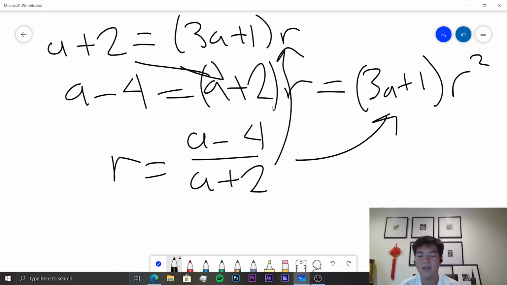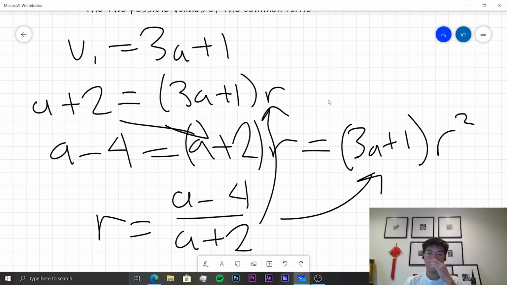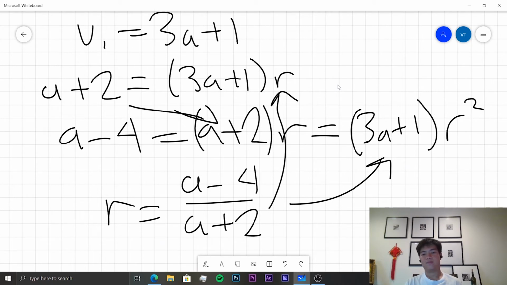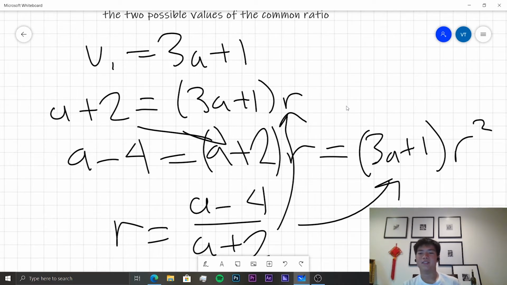R equals a minus 4 divided by a plus 2. Am I being silly? I think I'm being extremely silly.